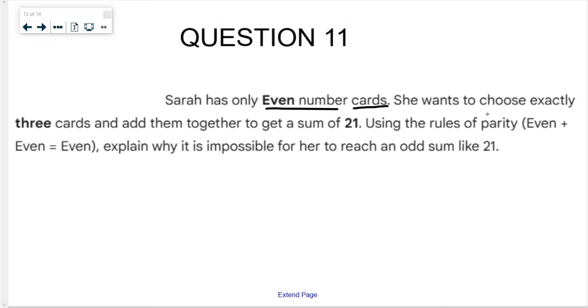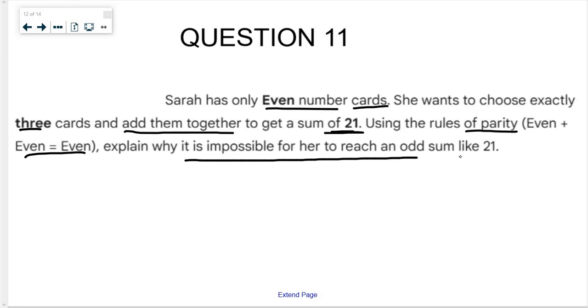She wants to choose exactly 3 cards and add them together to get a sum of 21. Using the rules of parity, which say, for example, even plus even equals even, explain why it is impossible for her to reach an odd sum like 21.